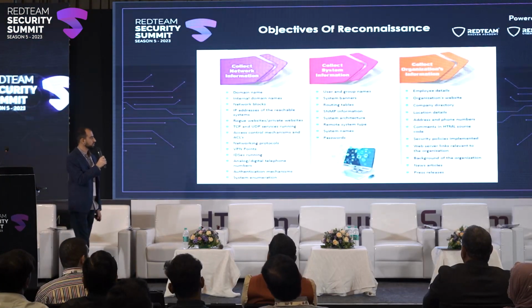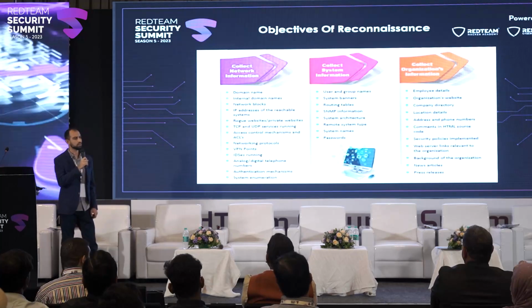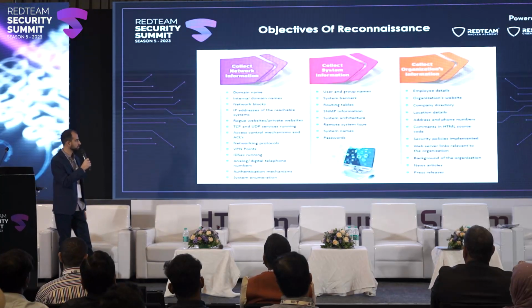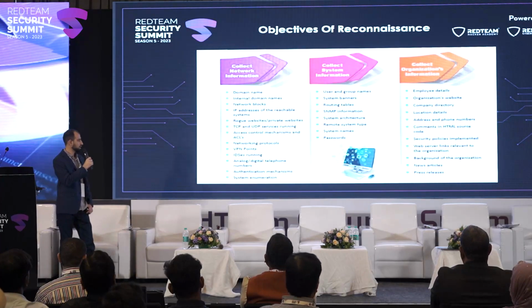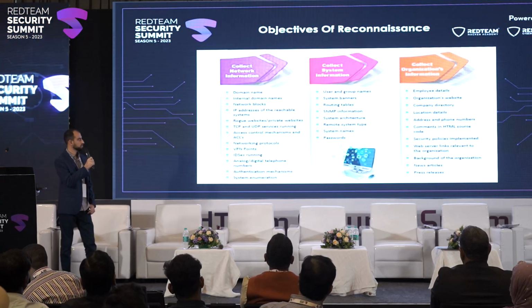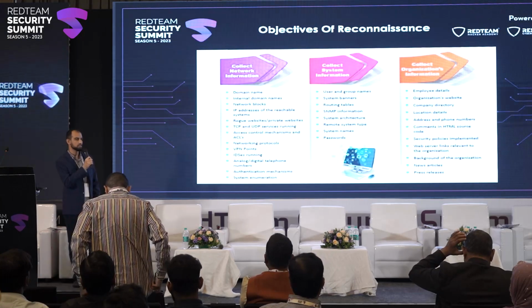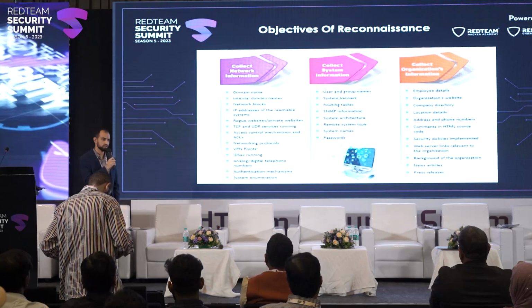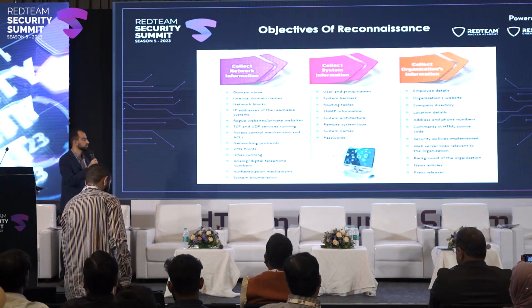So quickly, what things can we get from reconnaissance: domain names, internal domains, emails, IP addresses, notes, people data, maybe PII, passwords, and much more, even inside the network if there are open ports, services running, version numbers, software, updates, antiviruses, and more.